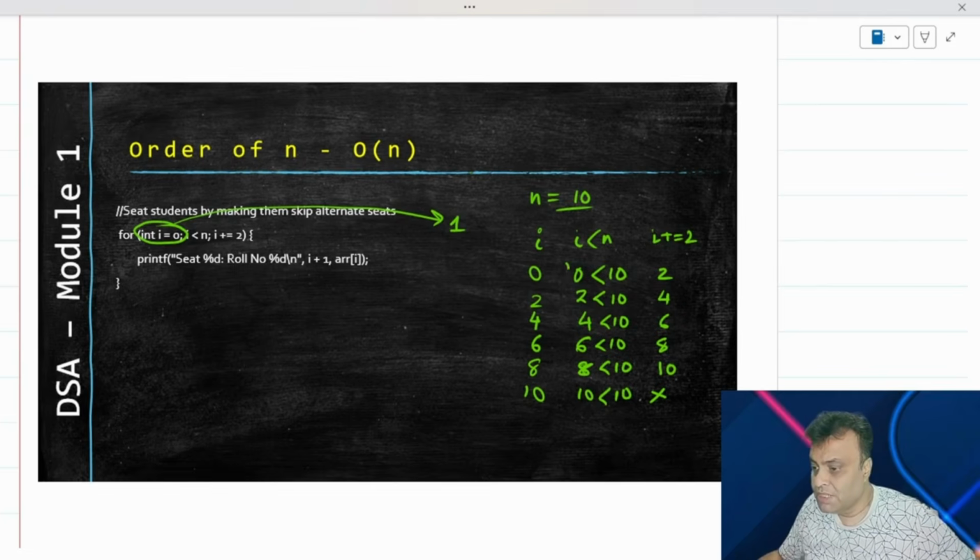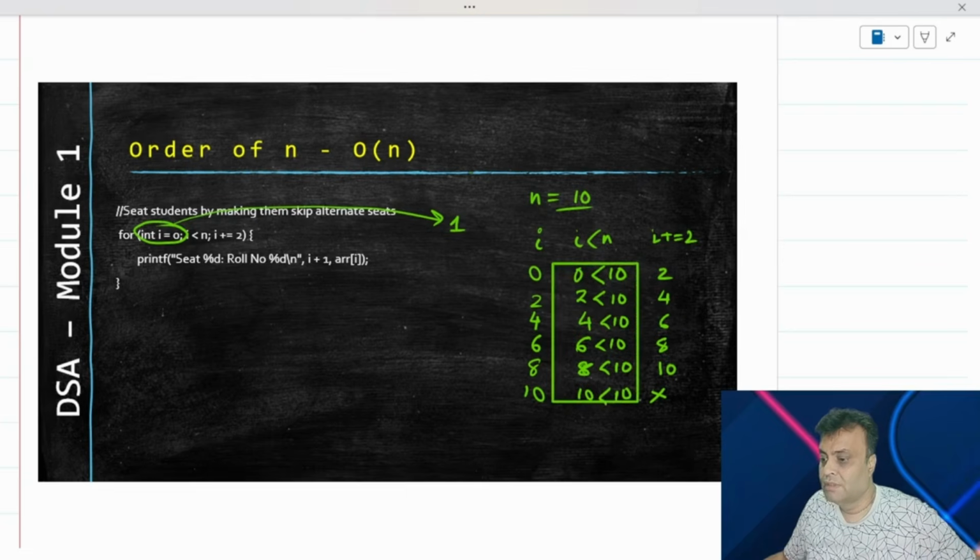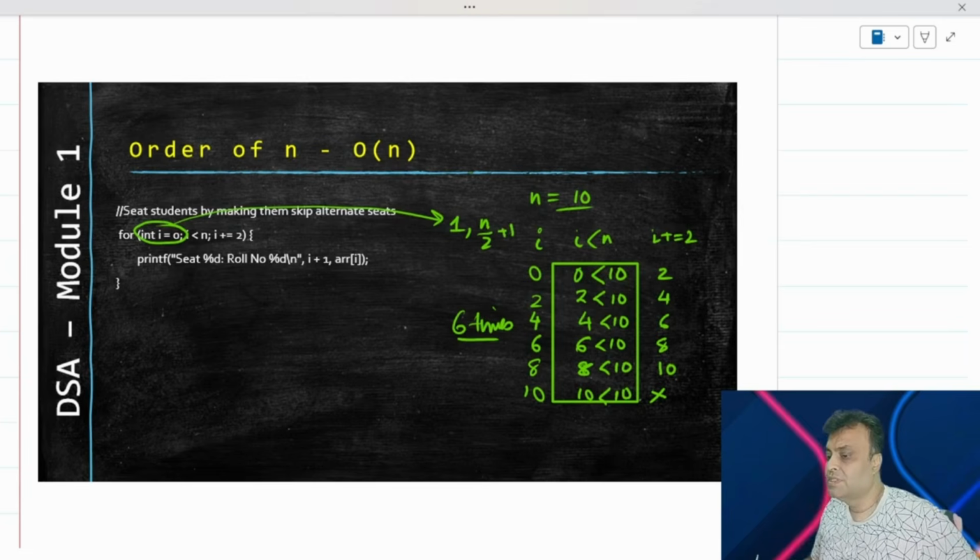How many times did I check? I checked it 6 times. So this i less than n is getting checked 6 times. What is that? That again is n by 2 plus 1. 10 by 2 is equal to 5, plus 1.